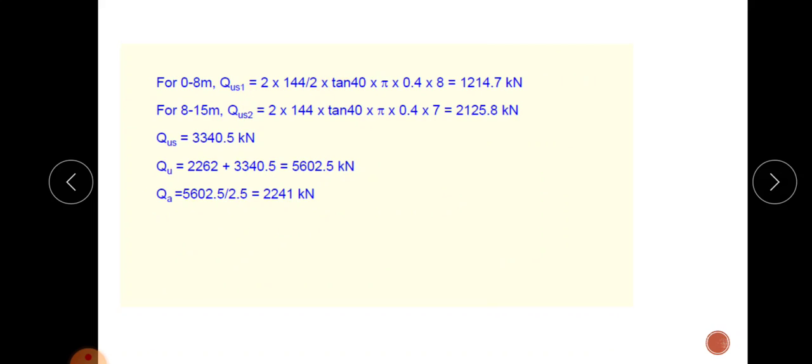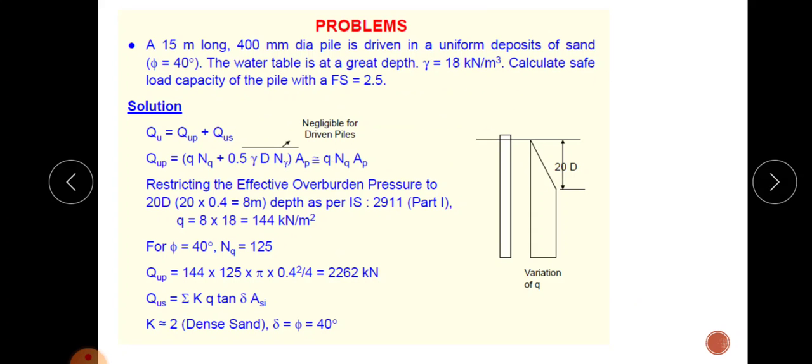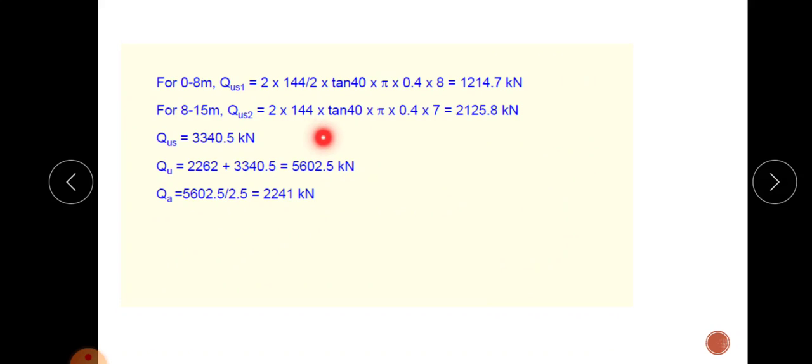For 8 to 15 meters, it is 2 into 144 into tan 40 into pi into 0.4 into 7, since the length is 7. Here 144 by 2 is used because it is a triangular portion, and here, since it is a rectangle, it is 2 into 144. Calculate these two values and add them, and you will get QS as 3340.